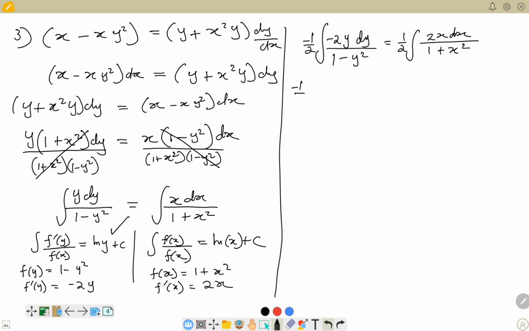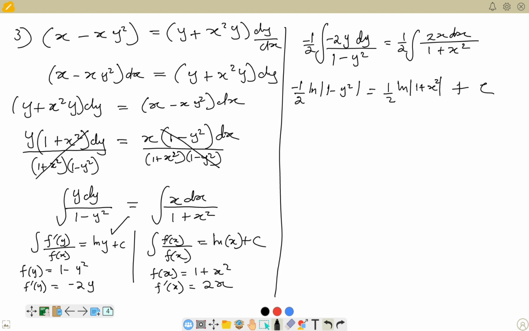So 1 over 2 is a constant outside the integral. So we say negative one half ln of the absolute value of 1 minus y squared equals one half ln of the absolute value of 1 plus x squared plus c.